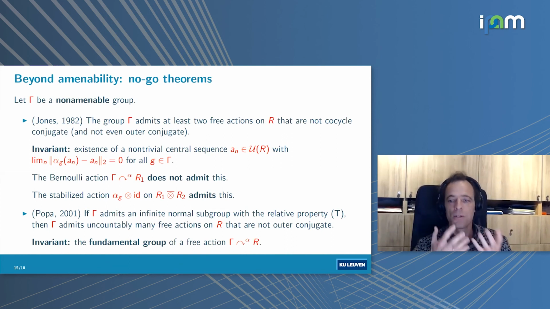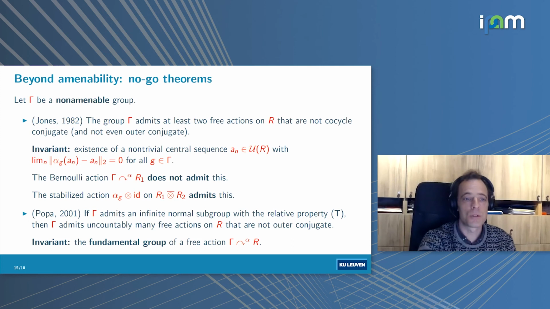There is a notion of fundamental group for a free action. And it's very easy to present. So I want to present you the fundamental group of an outer action on the hyperfinite II_1 factor. And then this can be used as an invariant to distinguish families.